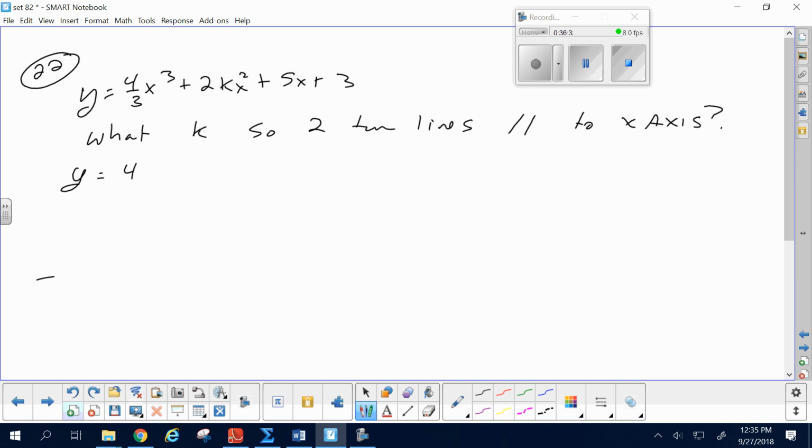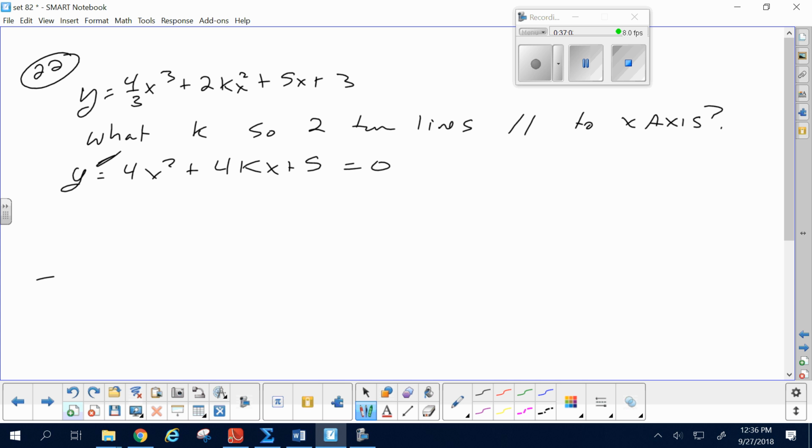Y equals 4x squared plus 4kx plus 5 is the derivative. Do you agree? Yeah. And if it's going to be parallel to the x-axis, I want to find places where the derivative is 0. Now that's a quadratic. In the quadratic formula, in order to get real answers, the square root has to be greater than 0, so I set the number under the square root to 0. Remember, a quadratic has three cases.